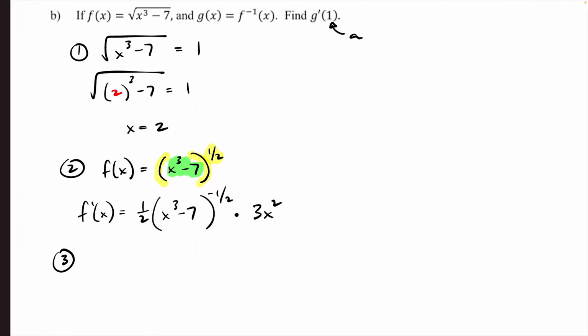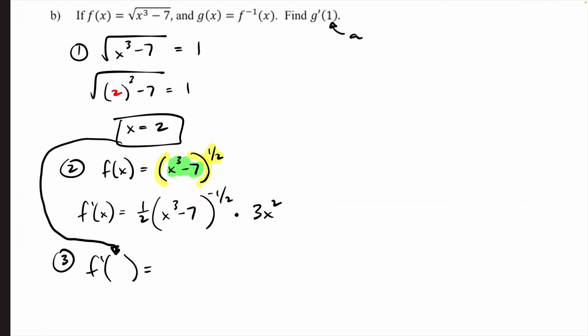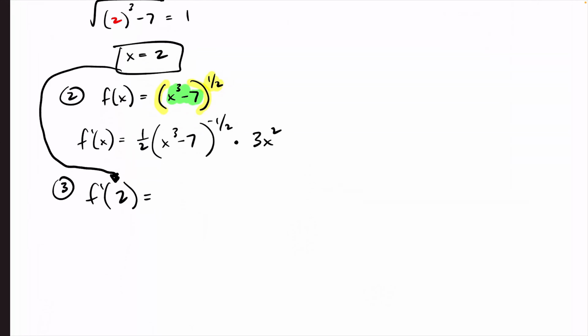Step 3 says f prime of that number that we got in step 1. So f prime of 2. Okay. So I'm going to go 1/2 parentheses x cubed minus 7 to the negative 1/2 power times 3 times x squared.